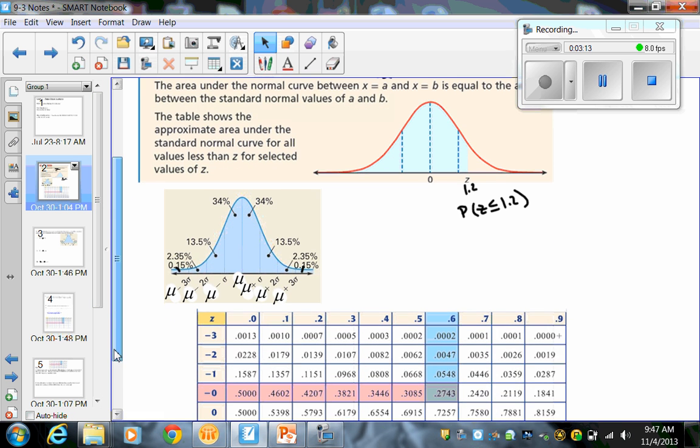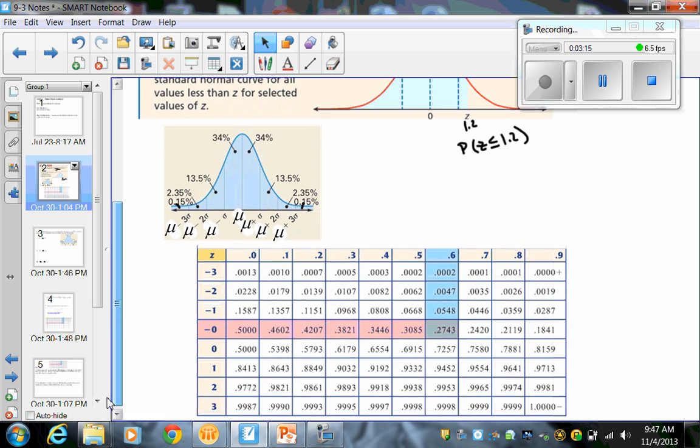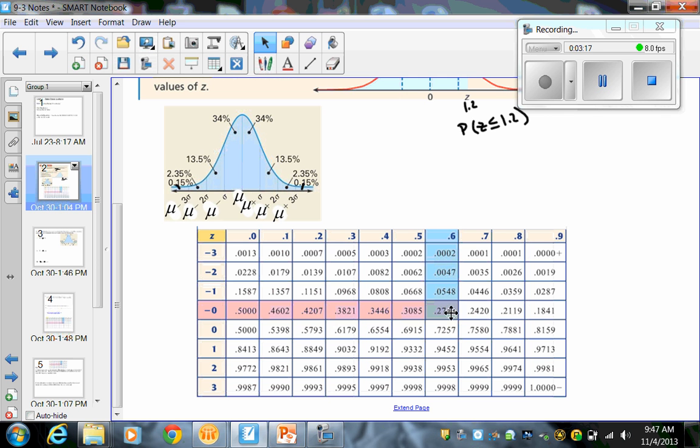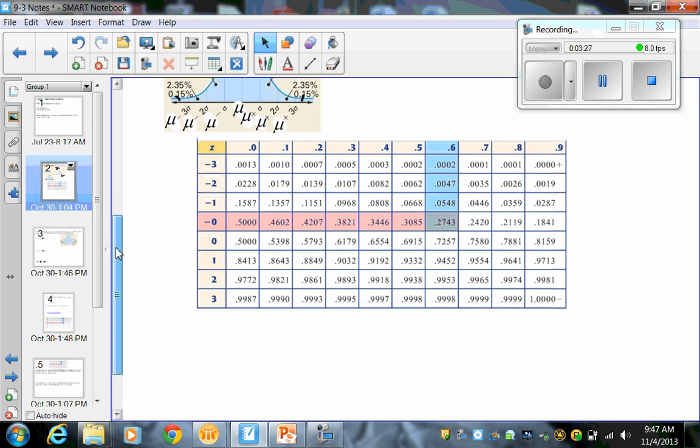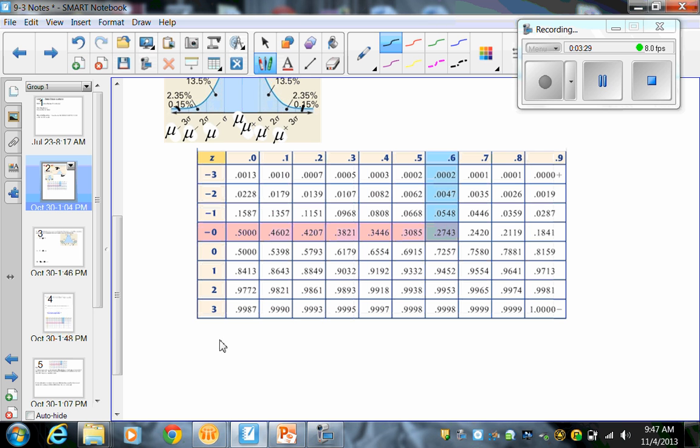Another thing that's going to be useful is what we call our z-score chart. Again, you do not have to memorize this chart. This chart will be provided for you, but you do need to know how to use it. So if, for example, you're looking for the value that your z is less than or equal to 1.7, first find your positive 1 on this left bar, which is right here.